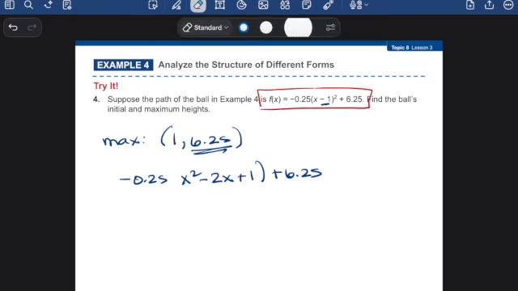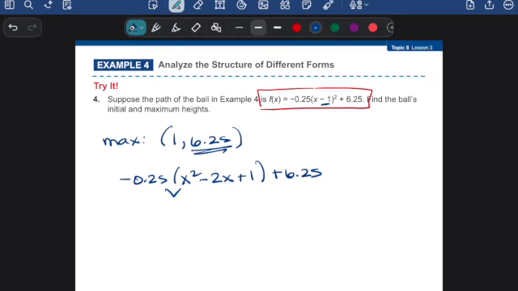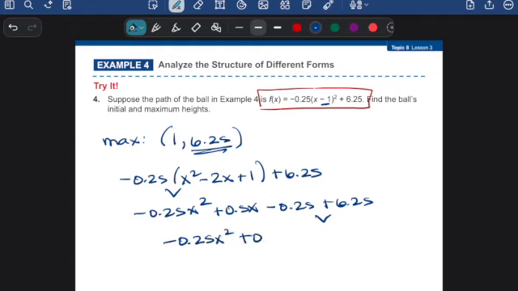Then we're going to distribute our coefficient, negative 0.25x squared. Negative 0.25 times negative 2 is positive 0.5x. And then we have negative 0.25, and then we're going to add 6.25. So the last step, combine your constants, plus 0.5x. Make sure you're checking your signs.